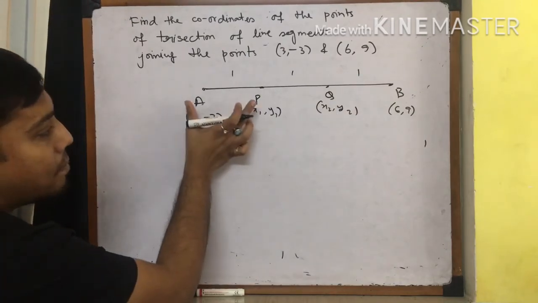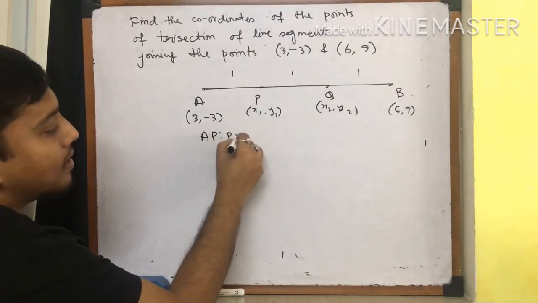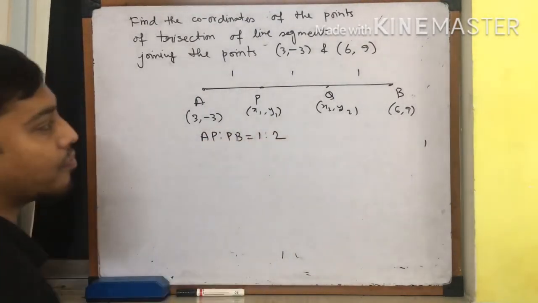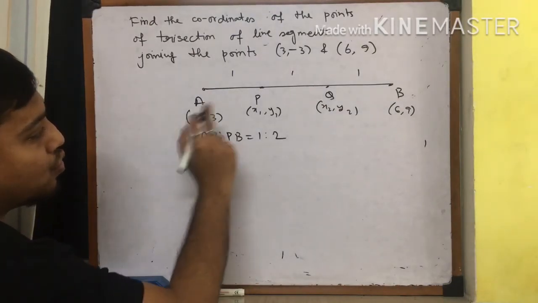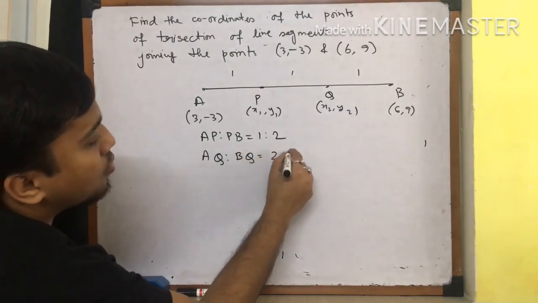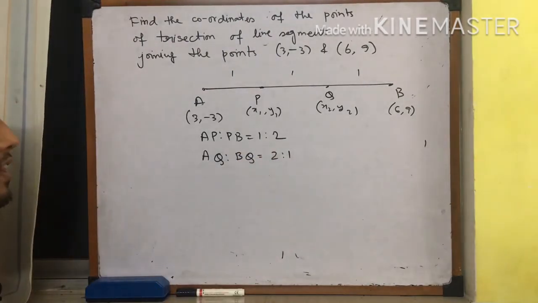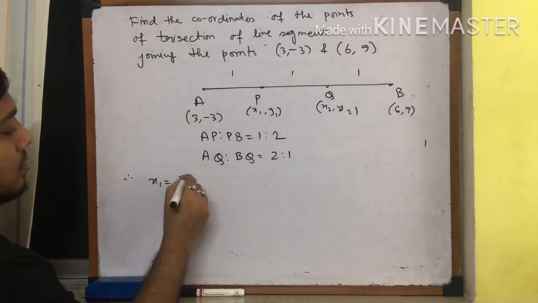Then AP is to PB, the ratio must be 1:2, and AQ is to QB is 2:1.